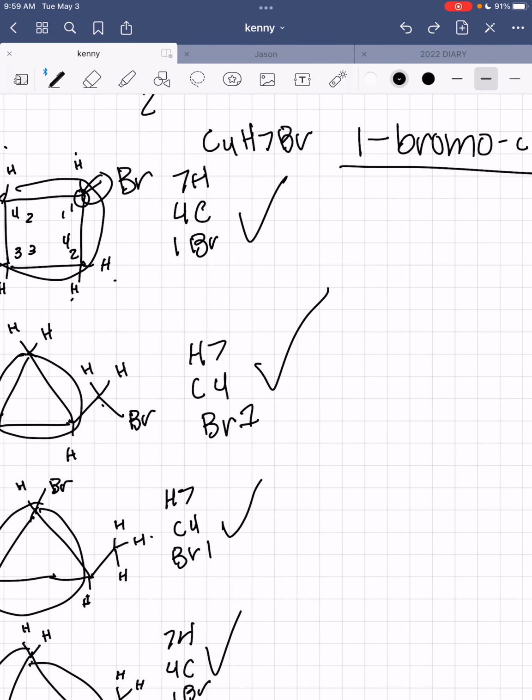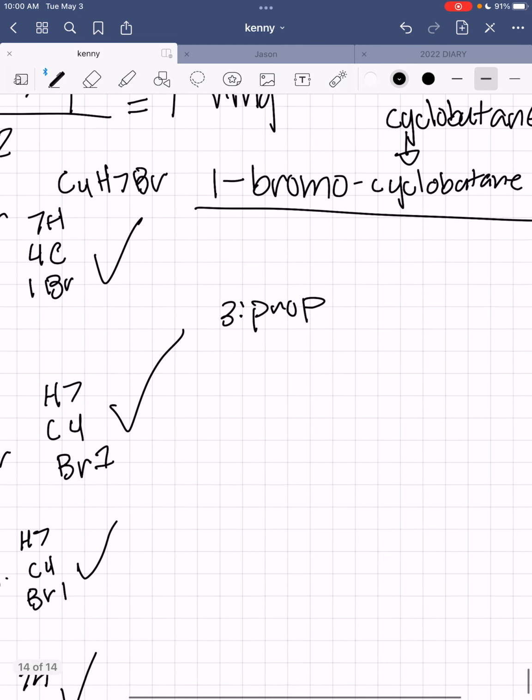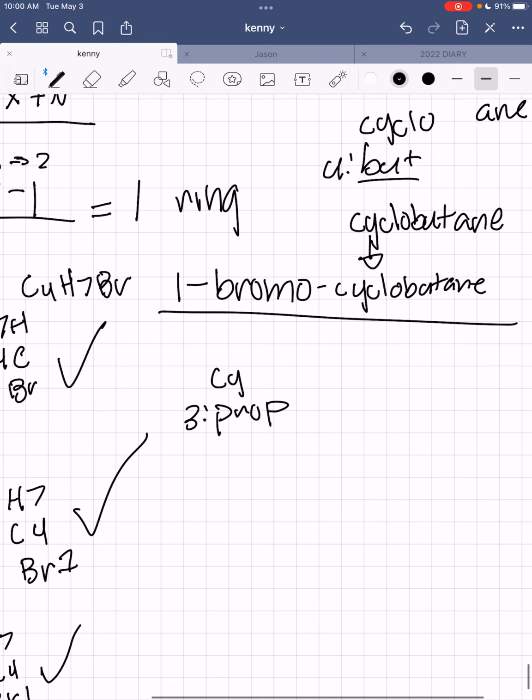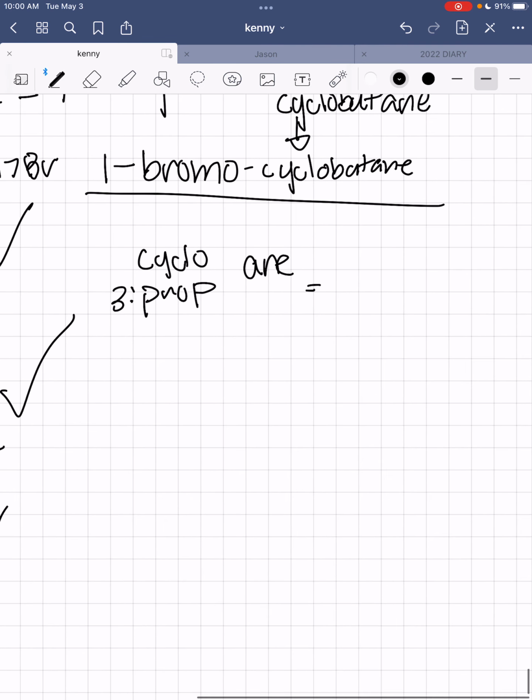The phrase that corresponds to 3 is prop. And then it's a ring, so it's cyclo. And then it only has carbon bonds, so it ends in ane. So put that together, and the parent name is cyclopropane.